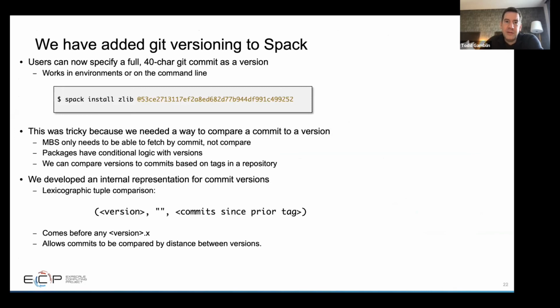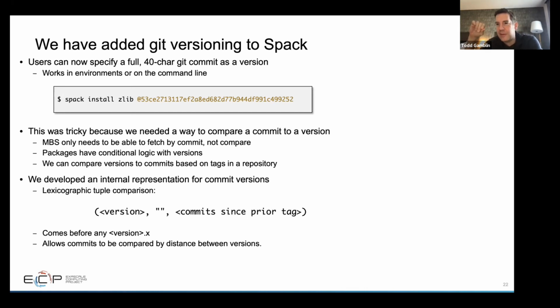So the thing that we had to do to enable this was we actually added Git versioning to Spack. If you have a package that has a Git attribute in it, you can now just say spack install zlib at this hash, and it will go and check out that exact version of zlib. And internally, we look at the tag structure of the repository and try to figure out what version this hash corresponds to, so that the packages, which are templated, remember, can actually compare Git hashes to versions.